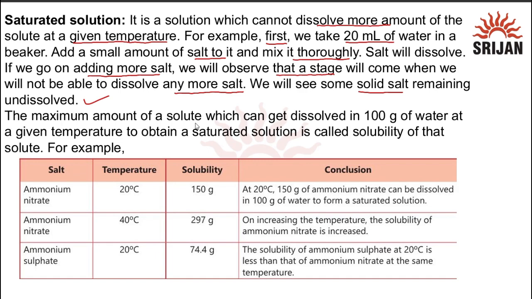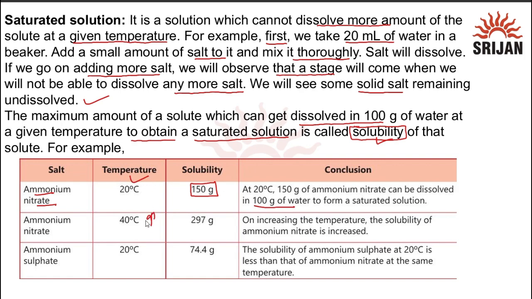The maximum amount of a solute which can get dissolved in 100 grams of water at a given temperature to obtain a saturated solution is called solubility. So this is a very important term here, that is solubility of that solute. For example, ammonium nitrate. We take about 150 gram of ammonium nitrate that dissolves into 100 gram of water at 20 degrees Celsius.